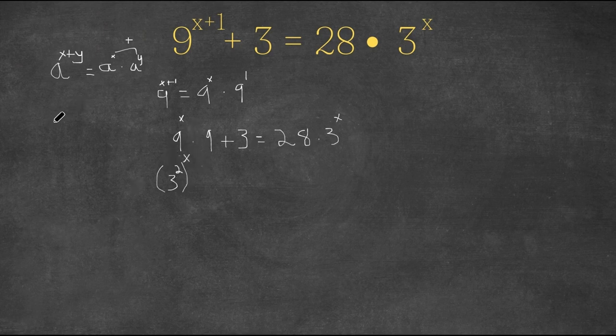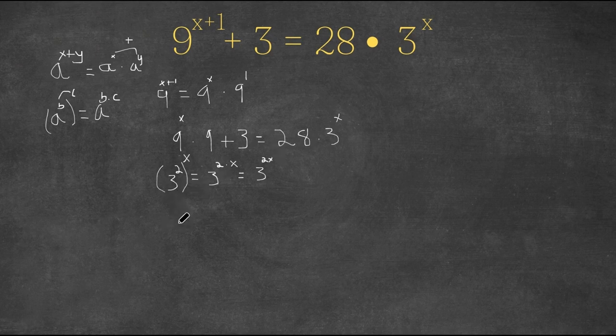And whenever we have a to the power of b, and we have the whole thing to the power of c, this is equal to a to the power of b times c. So as you can see, we multiply these two exponents. So this is going to equal 3 to the power of 2 times x, and 2 times x is simply 2x, so this is equal to 3 to the power of 2x.